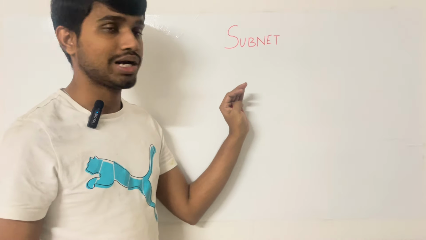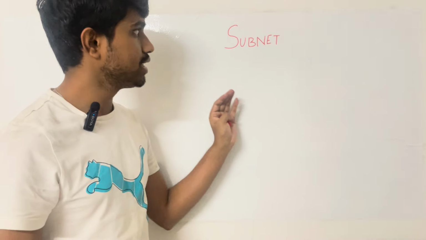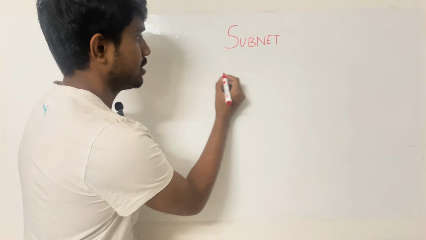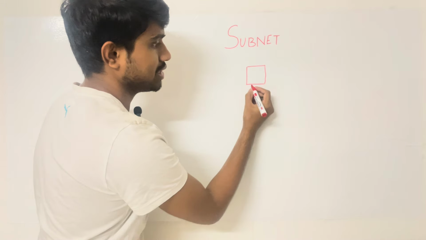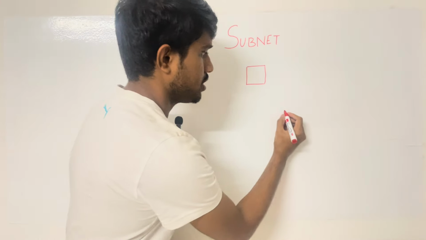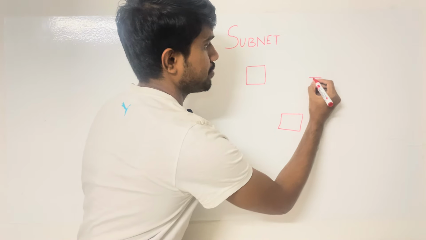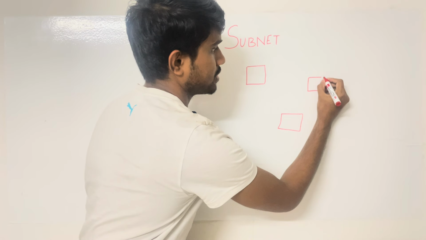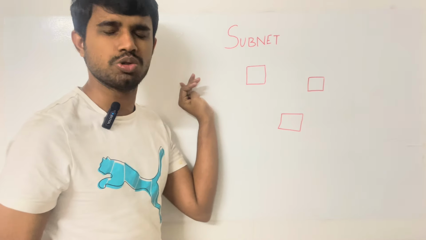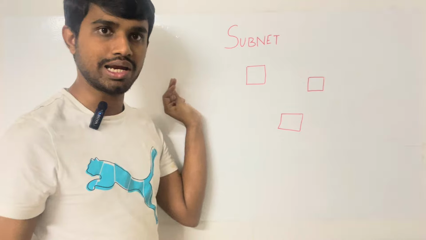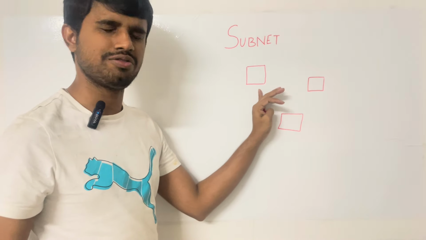Also, in another video I have explained what is public IP and private IP. Just to recall, all the devices in your home, for example, this can be your personal computer, this can be your sibling's laptop, and this can be your mom's Alexa. Each of them needs to reach out to the internet, but you don't want any computer or mobile phone on the internet to come and take the information from you.